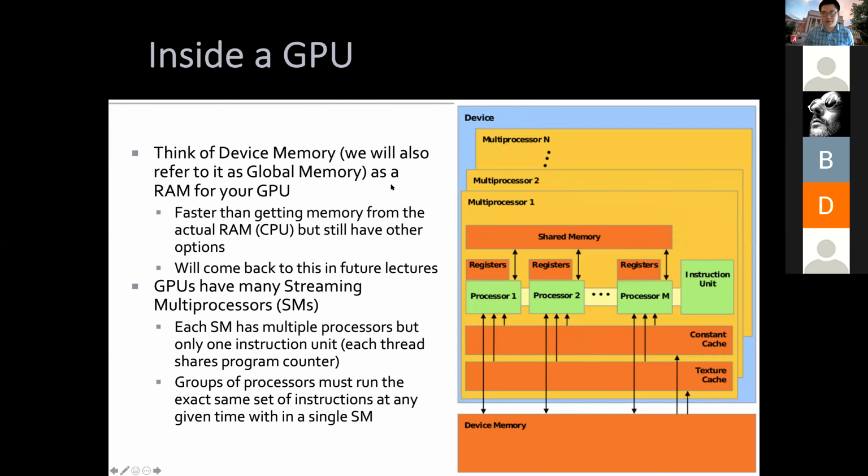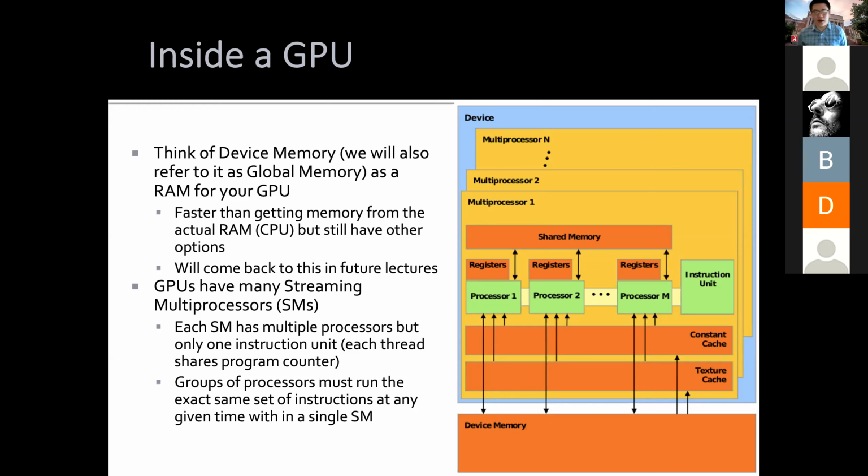Still remember, I mentioned that the GPU has a much higher memory bandwidth compared to the CPU. This memory bandwidth means moving the data between the global memory or device memory and the GPU CUDA cores. It has a very high memory bandwidth.